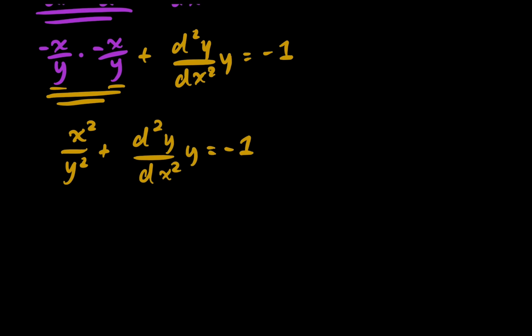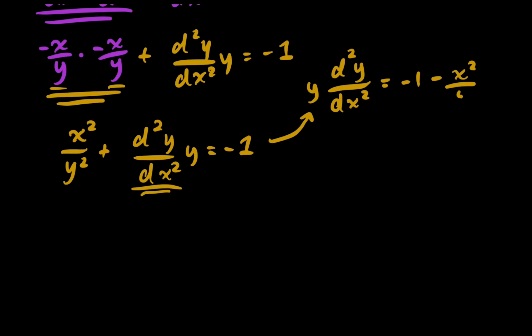Now all we have to do is some simple algebra to solve for the second derivative of y with respect to x. We can subtract x squared over y squared from both sides. So the second derivative of y with respect to x times y is equal to negative 1 minus x squared over y squared. Finally, we divide both sides by y to solve for the second derivative.